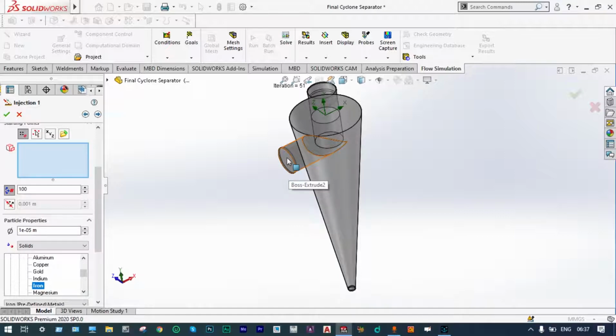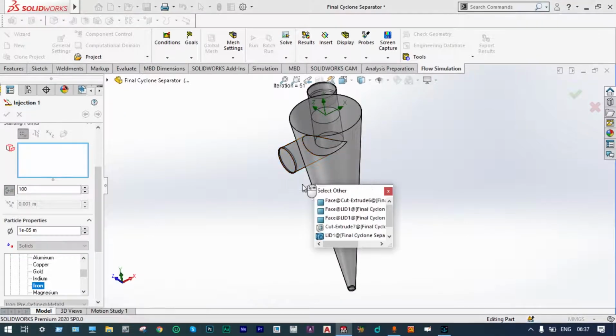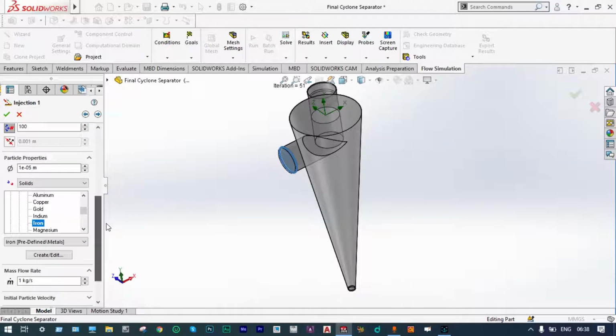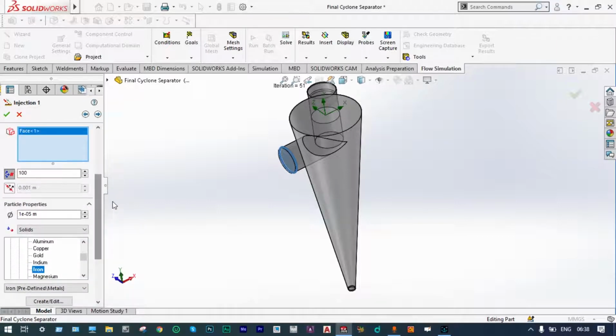Let us select that entry position, select other, it is lead number 1, that is phase 1 selected. From phase 1, 100 numbers of iron particles with diameter 10 to the minus 5 meter with a mass flow rate of 1 kg per second will be initiated from the entry location.